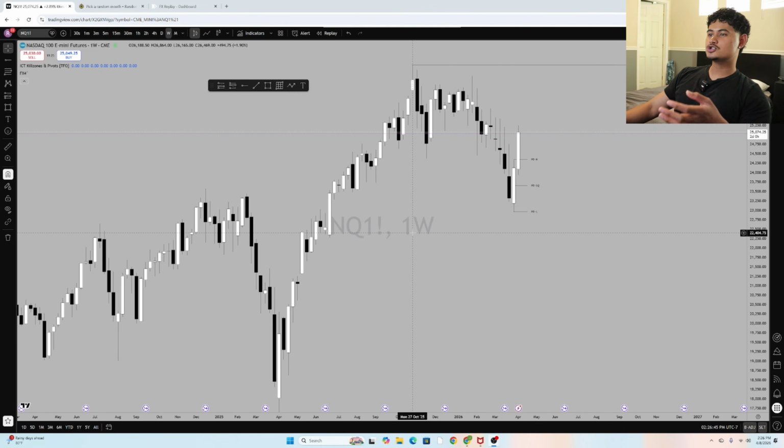This is the NQ chart on the weekly time frame, and as you can see, for the past few months we have been retracing down, and today is April 8th of my recording. We're getting a nice pump back up to all-time highs.